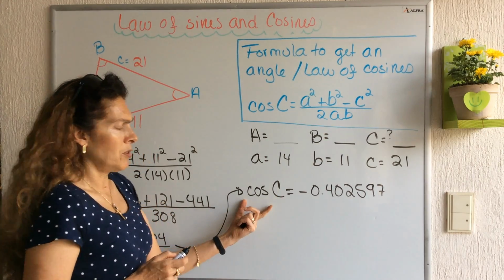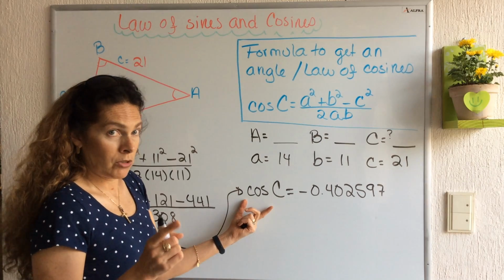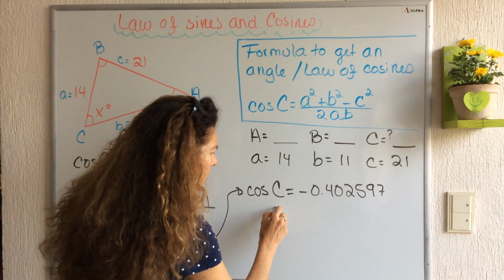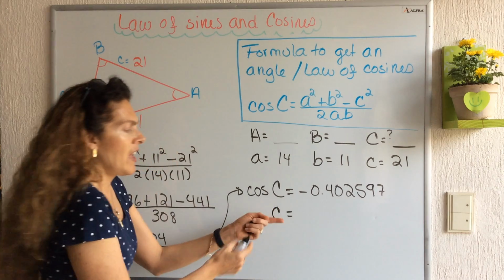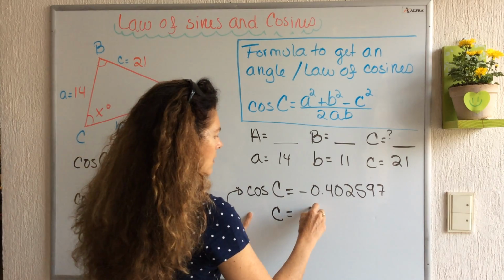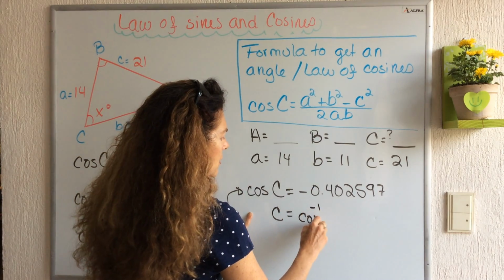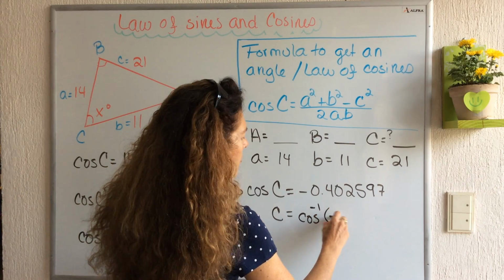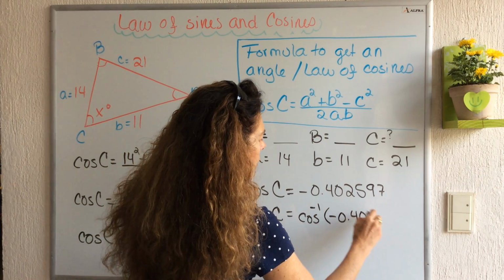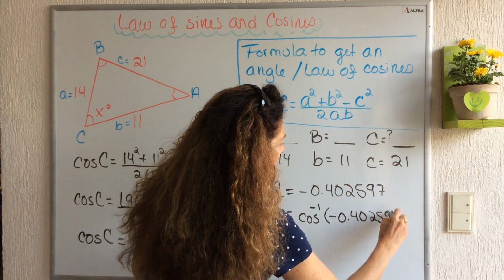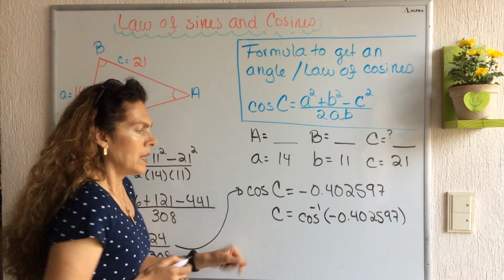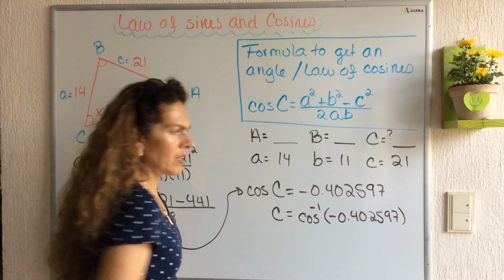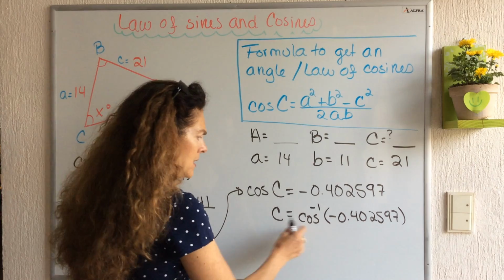And as we have the trigonometric ratio here, remember what you have to do? We are going to write C equals the inverse cosine of minus 0.402597. Good. Now, take out the scientific calculators and get this.